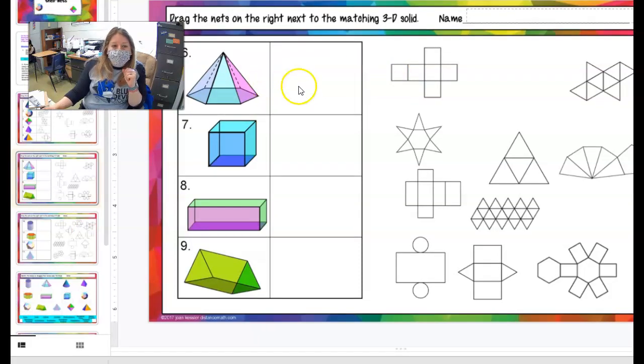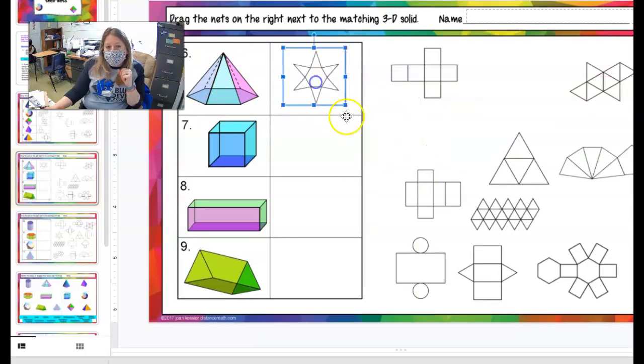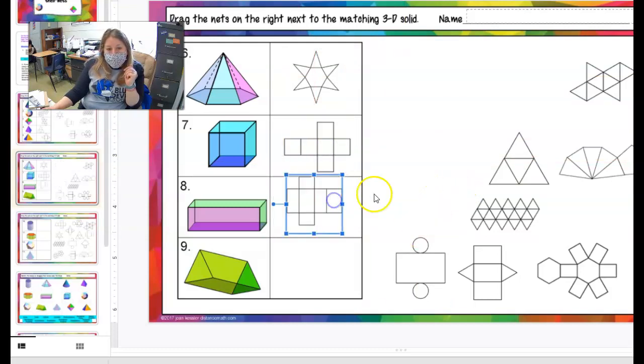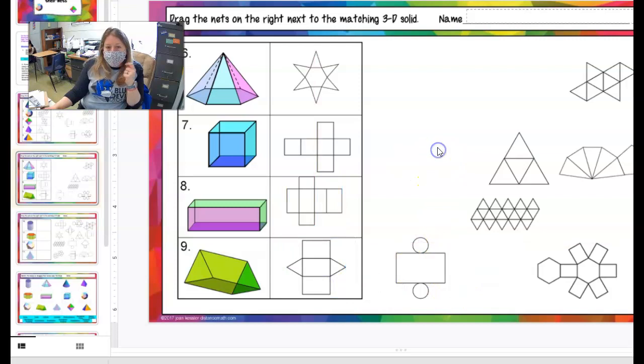Alright, number 6, it's a pyramid because it comes to a point, but the base is a hexagon. So it's this sun-looking shape. Has a hexagon and then the triangles coming off of it. 7 is a cube. 8's a rectangular prism. And 9 is a triangular prism.